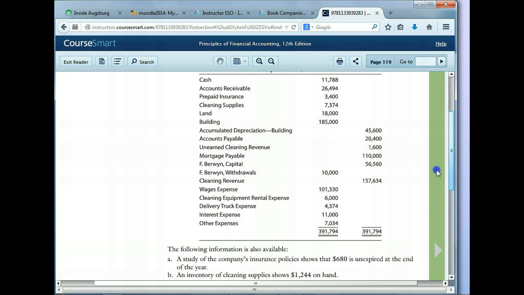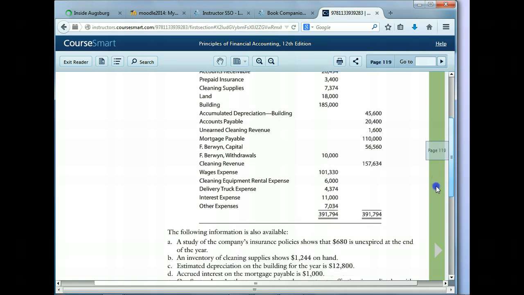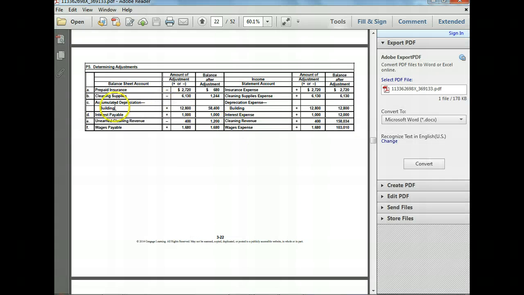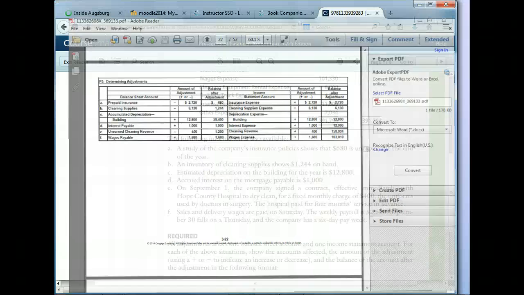So what we'll want to show is that portion that has been used up. Unearned cleaning revenue gets reduced, or debited, for $400. Previously it was at $1,600. With this reduction, it will now be at $1,200, and we will show as an income statement account our income account called cleaning revenue, which will increase $400.